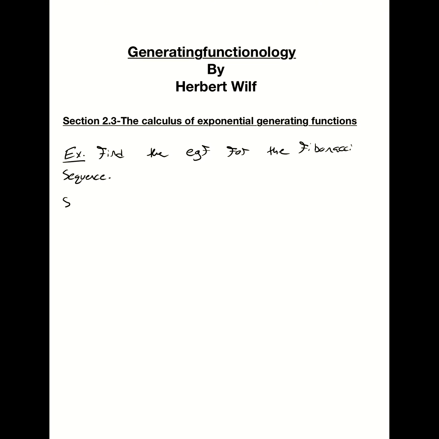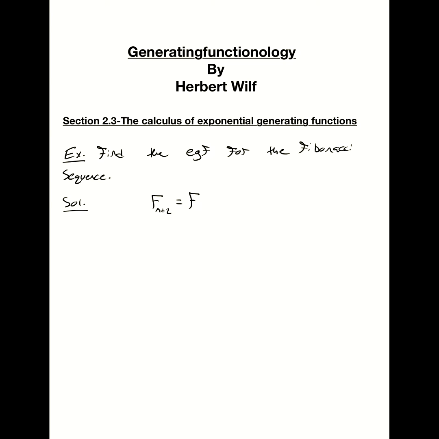So let's see if we can do this. Here's the solution. We know that the Fibonacci sequence, I'm going to try to use explicitly capital F's for the Fibonacci sequence. We know that it is generated using this recurrence relation.